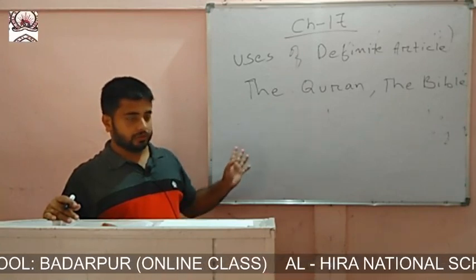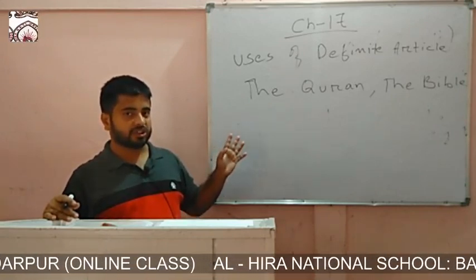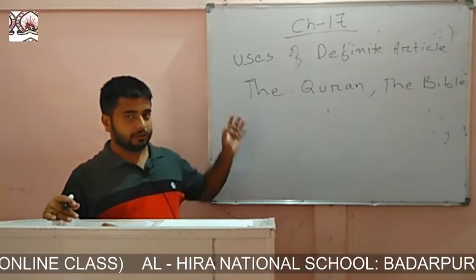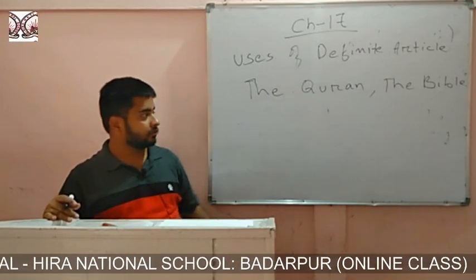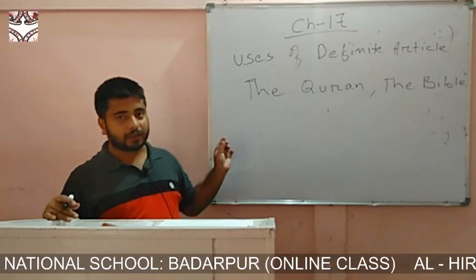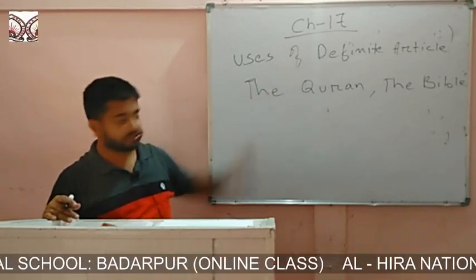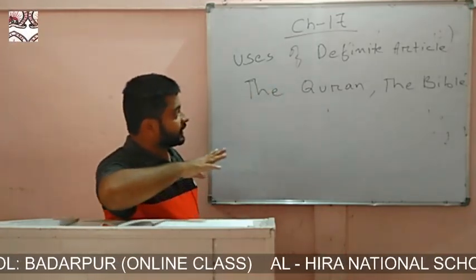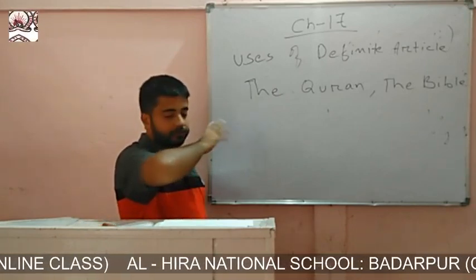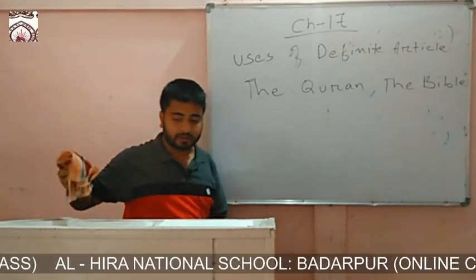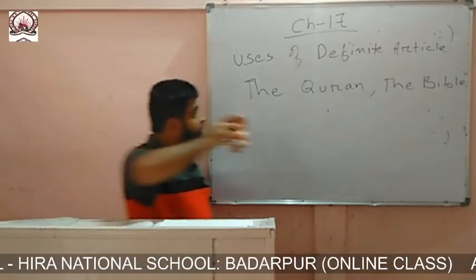The person who has written, for example, Sham has written a holy book, we will write Sham's book. We will not use the. If the name of the writer is not given, then only we will write the at the beginning of the holy book. Remember that.